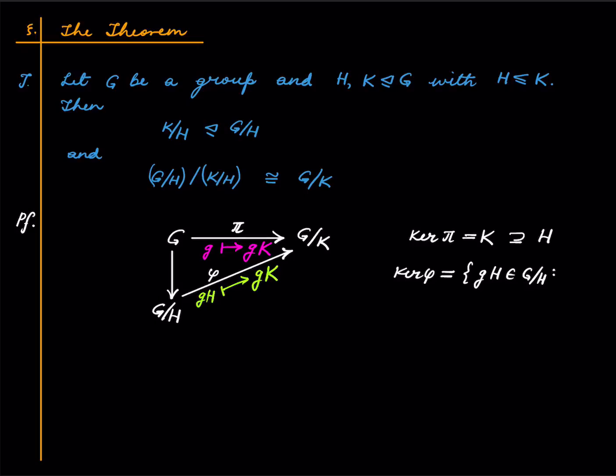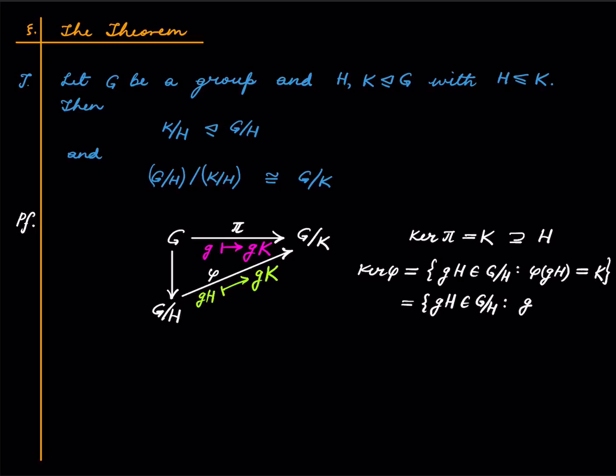Right, so kernel phi is by definition, I need more space. So this is by definition equal to the identity of G mod K, but identity of G mod K is K. So this is all GH in G mod H such that GK equals K, which is all G in K. So this is nothing but K mod H, all the left cosets of H that you can form using elements of K. So K mod H appears as the kernel of phi.